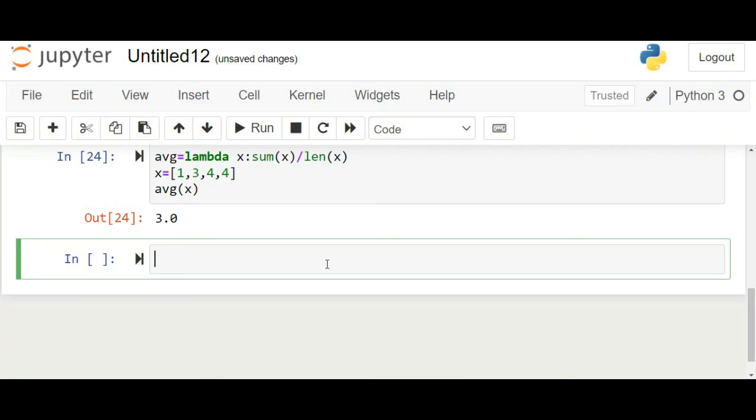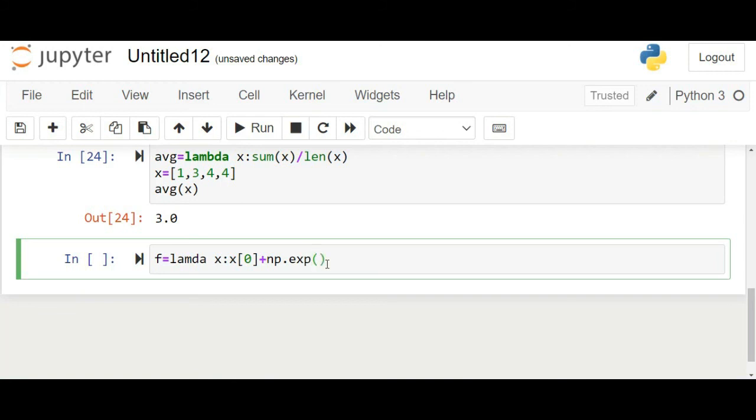First of all, f is equal to lambda x colon, and then x naught, which is read as x0, x plus np.exp.